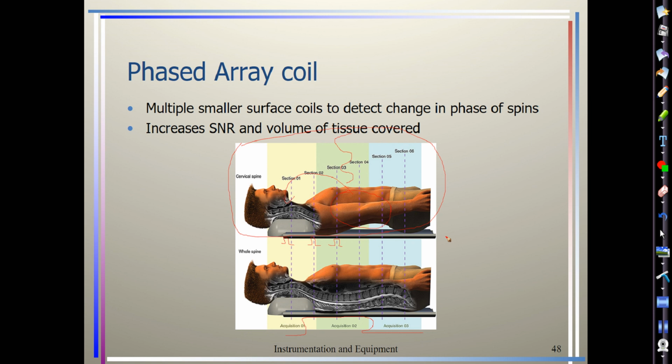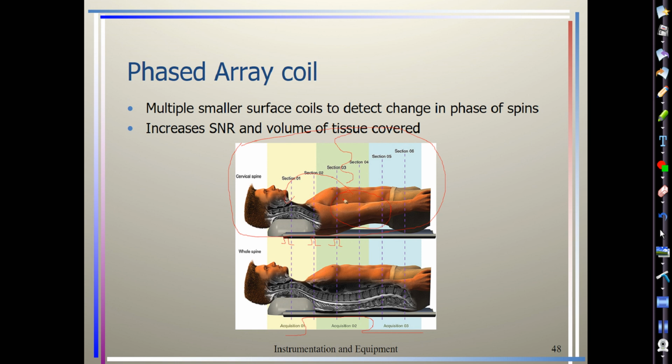And then you get the coverage as well. So most spine coils are set up in this way. And with Siemens, they're already built into the scanner. So that cushion on the Siemens scanners is the coil. If you want to take that coil off, you basically have to take the cushion apart.